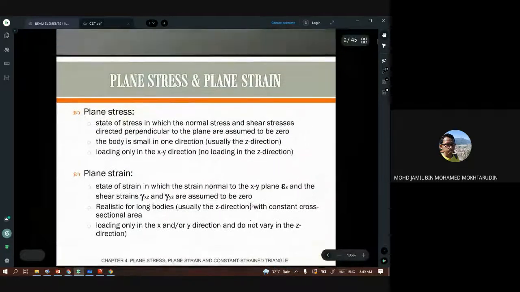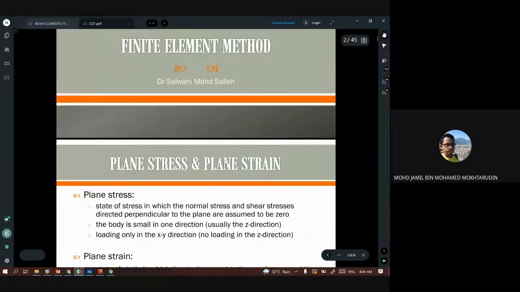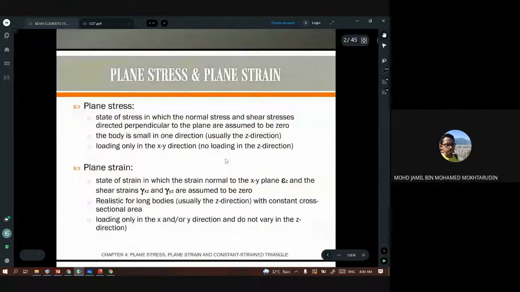Okay, before we can understand what a constant strain triangle is, let's go back to plane stress and plane strain. Plane stress is when the state of stress, either normal stress or shear stresses, directed perpendicular to a plane is assumed to be zero.